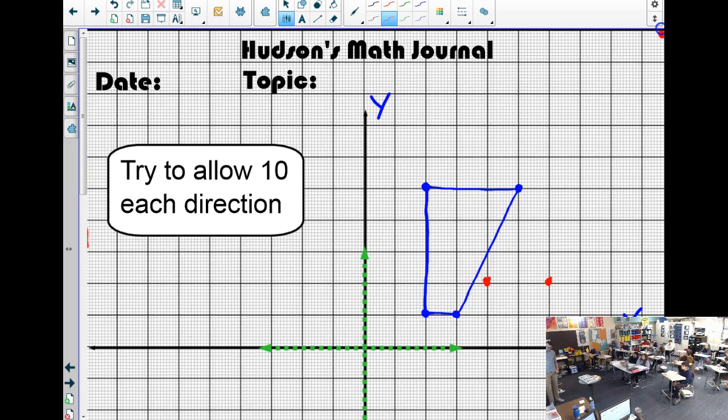And then 5, 2, or sorry, what is this point? 2, 5, right? Not 5, 2. 2, 5 becomes 4, 10. And then if we connect, my base is now 2. And we would go across the top.